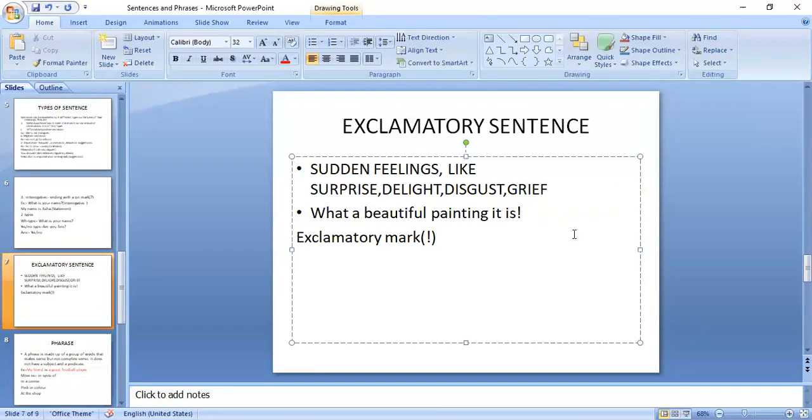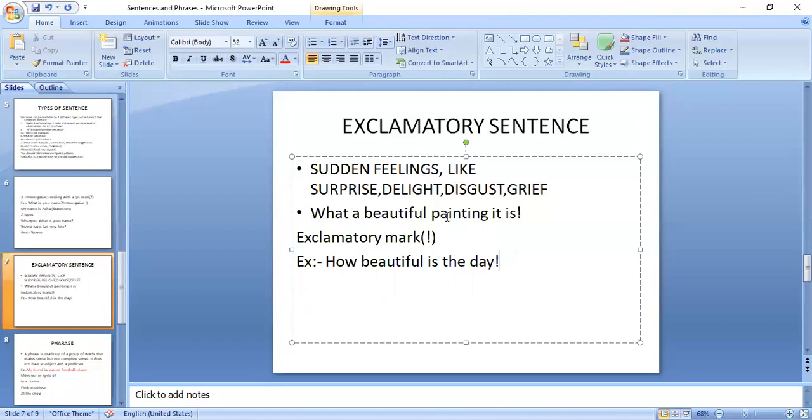So, an exclamatory sentence ends with an exclamation mark. That is this, here. Then I'll give some more examples, like: How beautiful is the day.